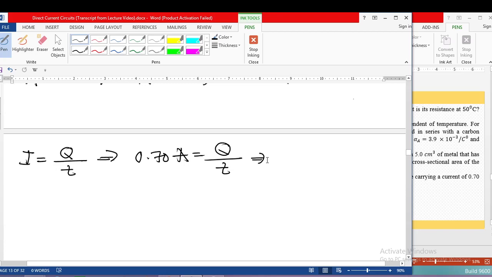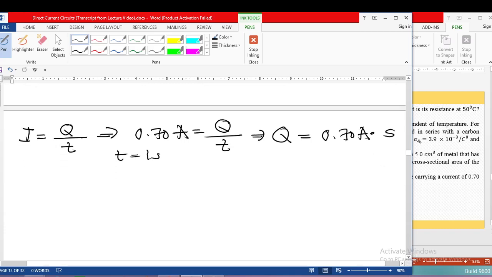So therefore your T is 1 second, right? So your Q is 0.70 ampere times second, but that is only the charge, which is equal to 0.70 coulomb.